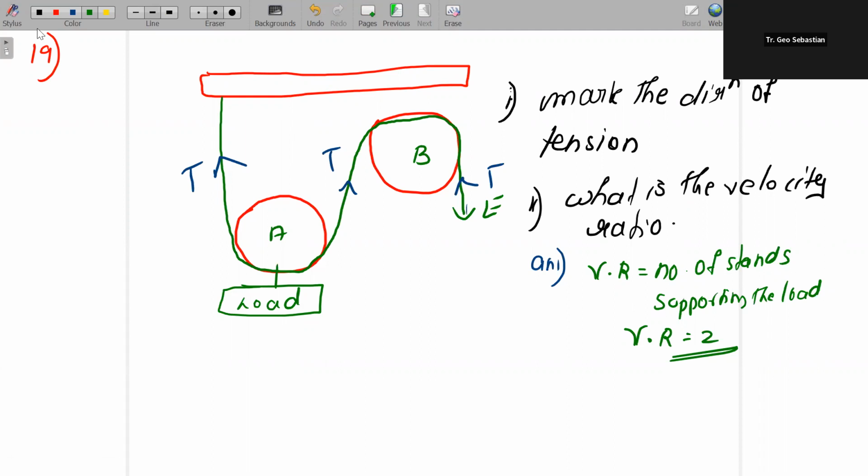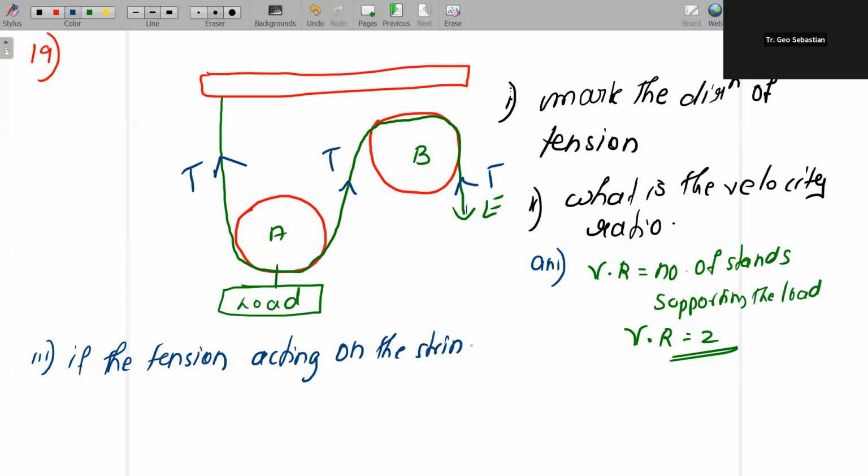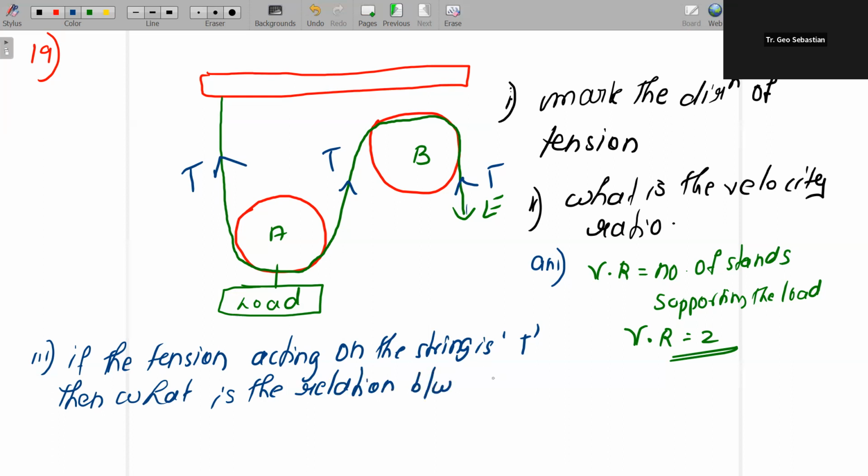Third question in this. If the tension acting on the string is T, then what is the relation between tension and effort?